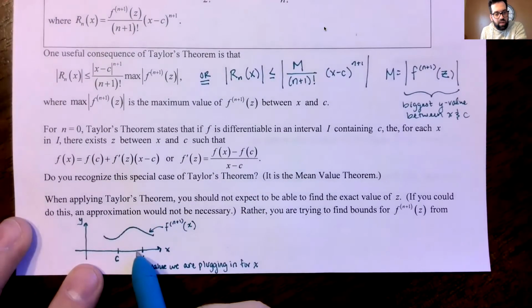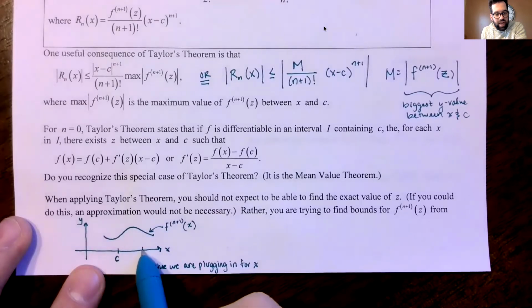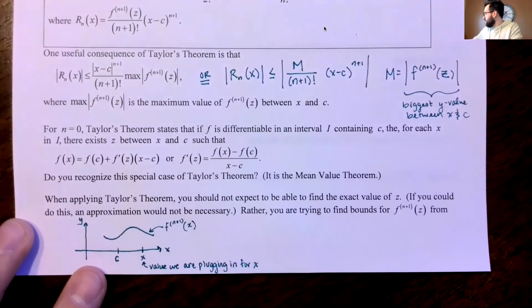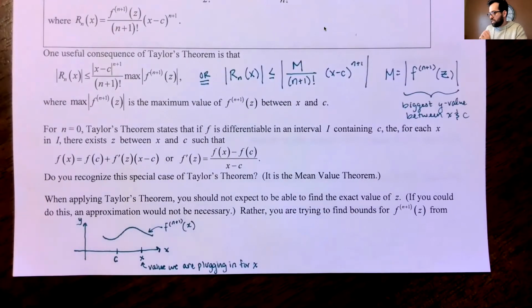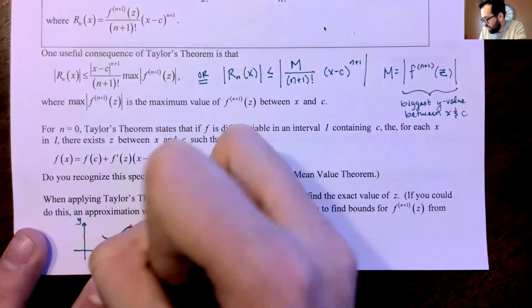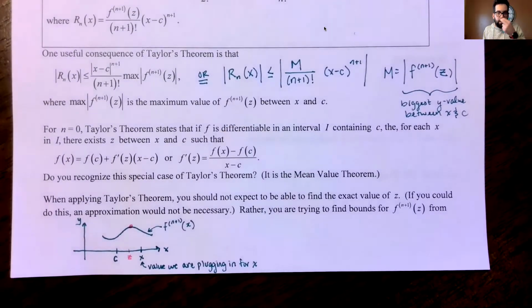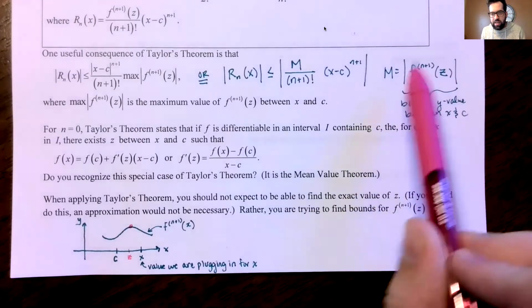So then we look at this graph and say, okay, what's the biggest y value between c and x? And wherever that is, let me change colors here. Wherever that is, in this case here, the x value associated with that is referred to as z. However, we don't need to know what z is. Z is the x value. What we care about is the y value.